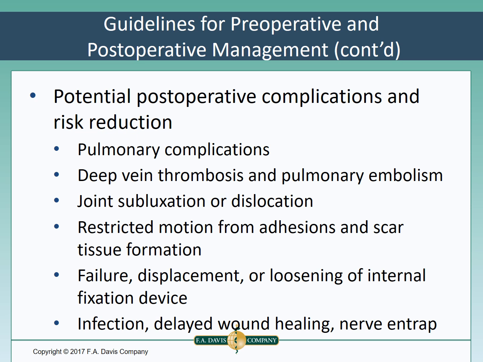You can get restrictions from adhesions and scar tissue formation. You can get failure. Unfortunately, surgeries are not always 100% effective. You can have a knee replacement that fails. I've seen one in my career so far that just didn't work.